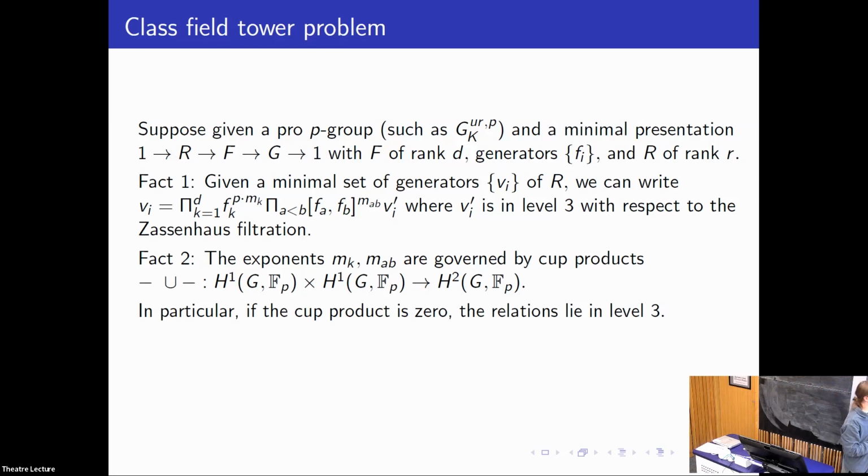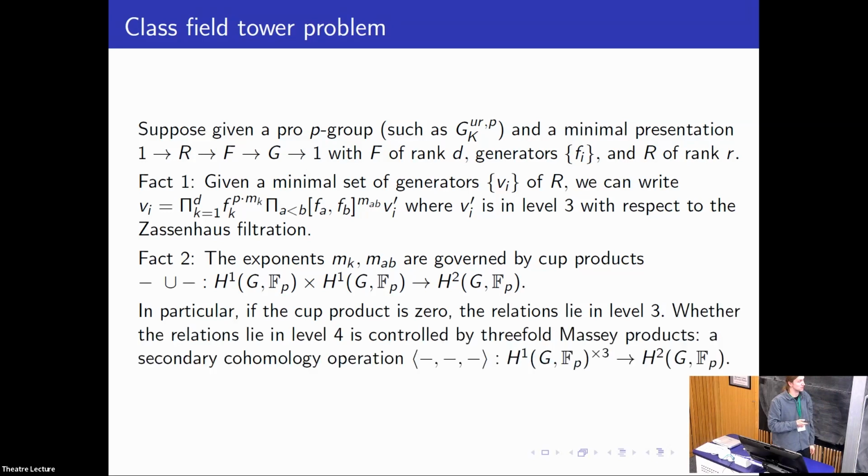So if we can understand the cup products, we can say something about what the m_k are and thus understand the relations better. Whether they lie in level 4 will be controlled by threefold Massey products, which are certain secondary cohomology operations.